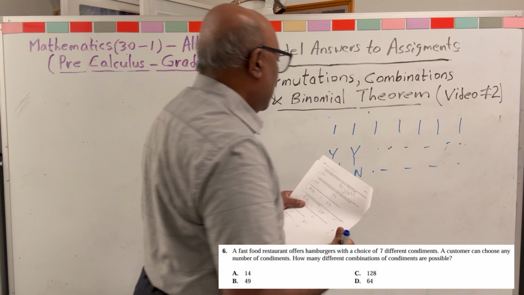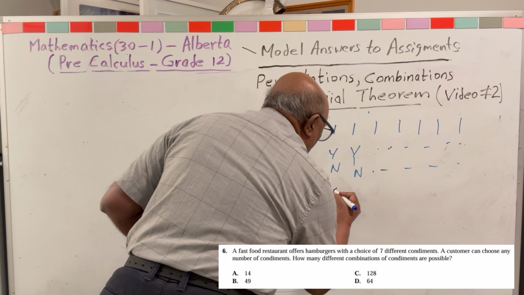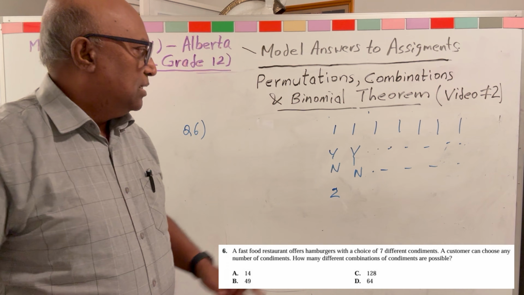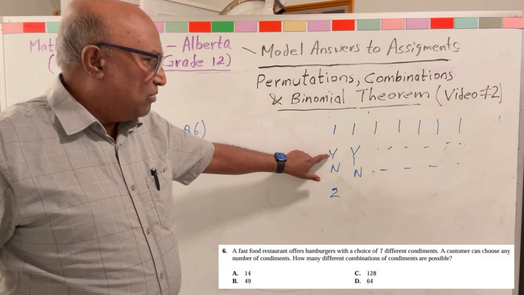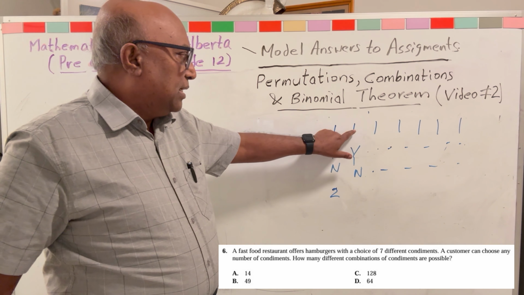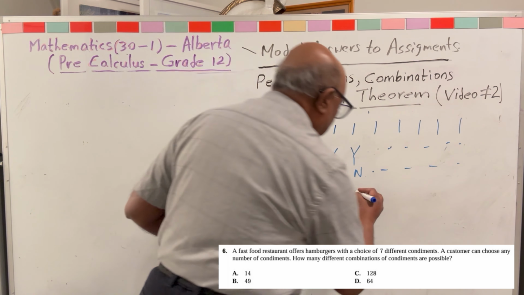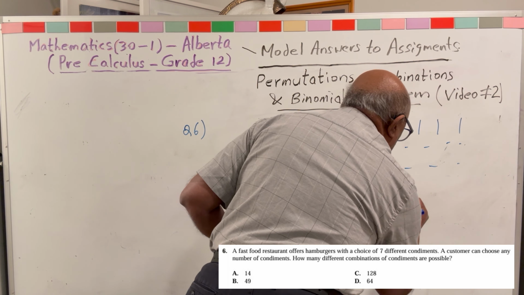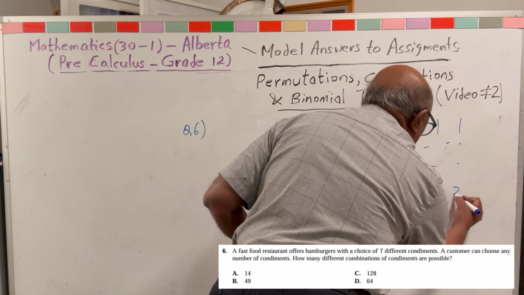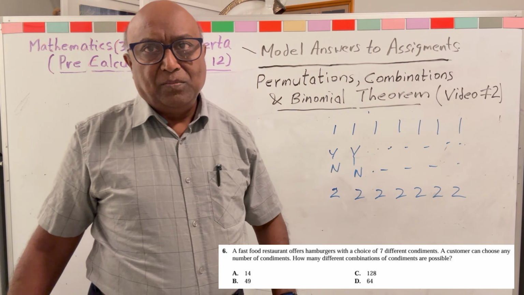That means for one condiment, there are 2 ways of selecting, yes or no. Second condiment also, there are 2 ways of selecting. Similarly, there are 2 ways of selecting for each of the 7 condiments.